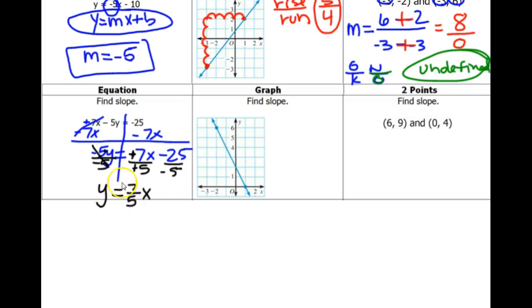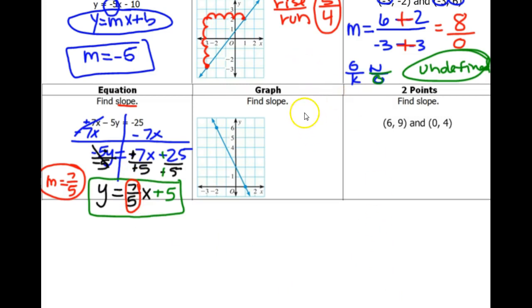I left that as a fraction because it's not going to be a nice number. Again, two negatives make a positive, and 25 divided by 5 is 5. So there's my equation, but they wanted to find the slope. So our slope is really just 7 over 5. In front of the x, that's our slope.